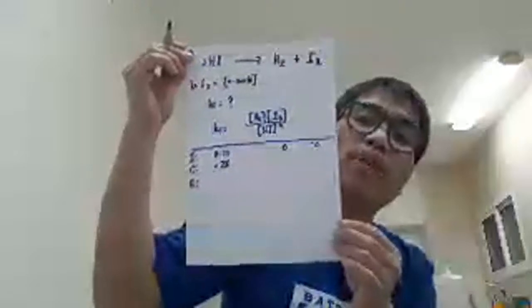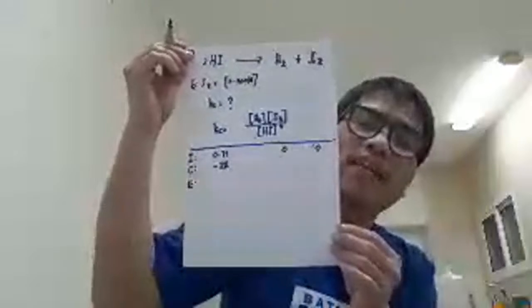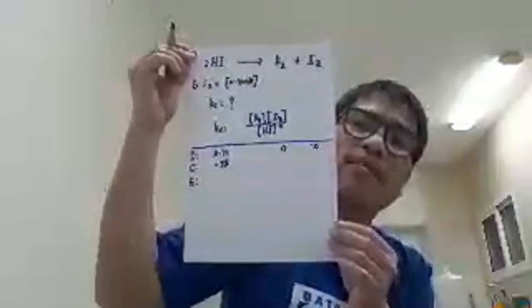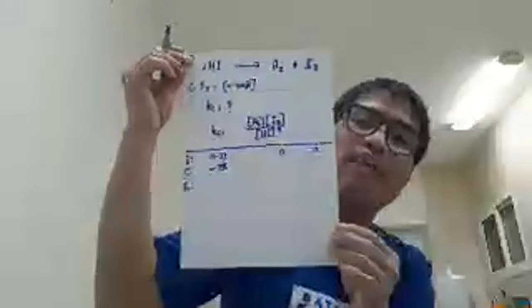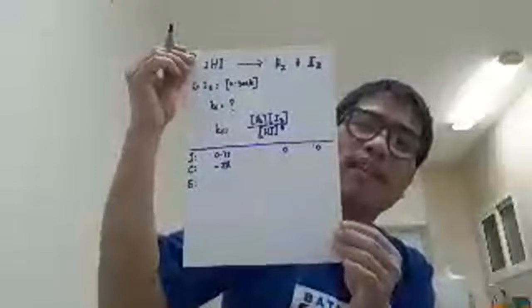Normally when you give something, you lose it. If I have 10 pesos and give the 10 pesos to my brother, I have nothing left. So it's always negative in my pocket. That's the philosophy there. So H2 and I2 will receive, so it is positive x and positive x.